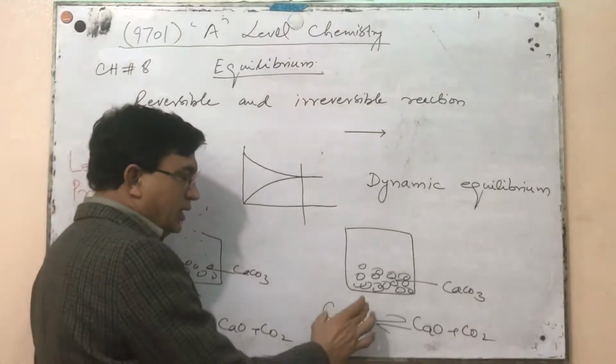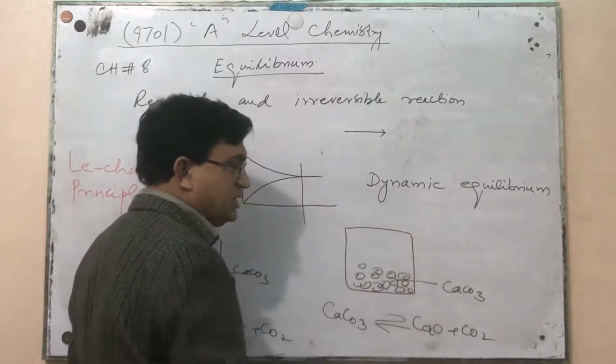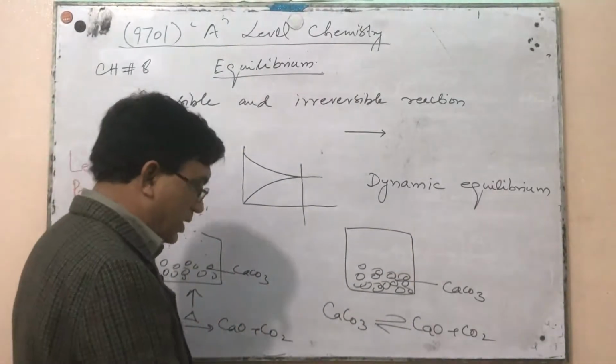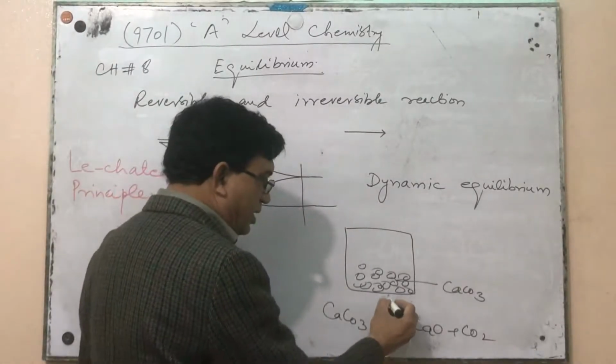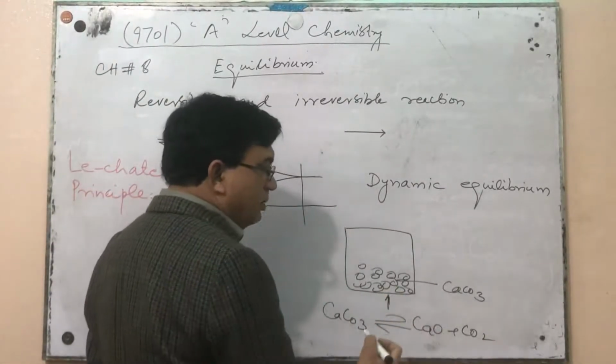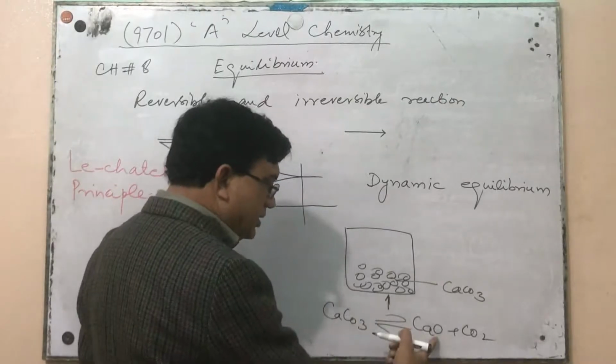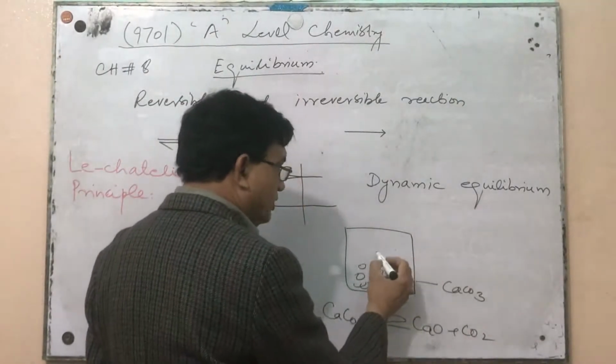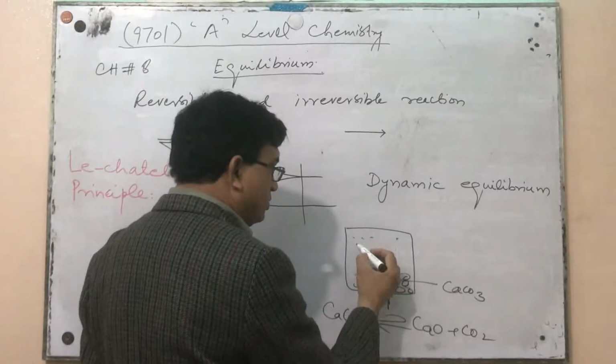But if we take calcium carbonate in a closed system, then what will happen? If we heat, now calcium oxide and carbon dioxide will form. Calcium oxide is also solid, calcium carbonate is also solid, and carbon dioxide is gas. For example, here are the gas molecules.